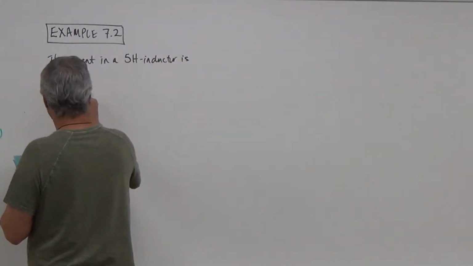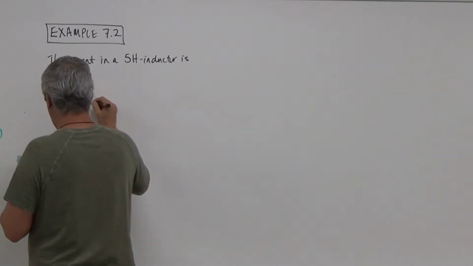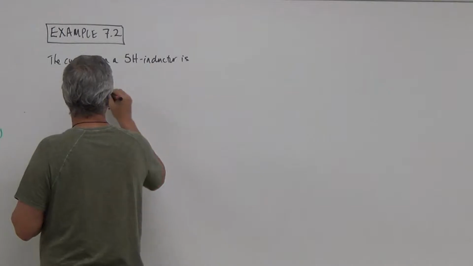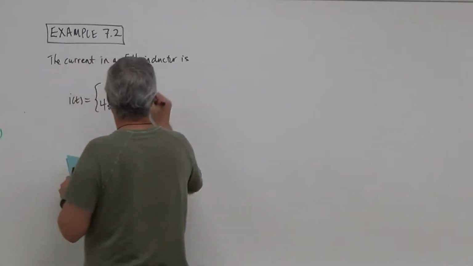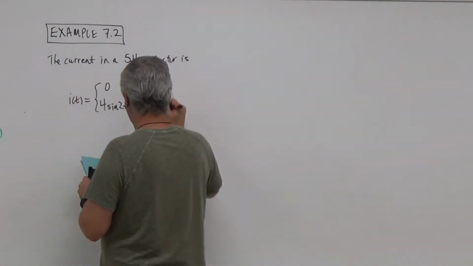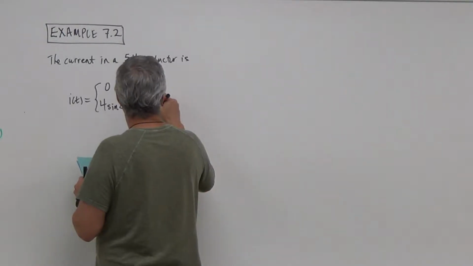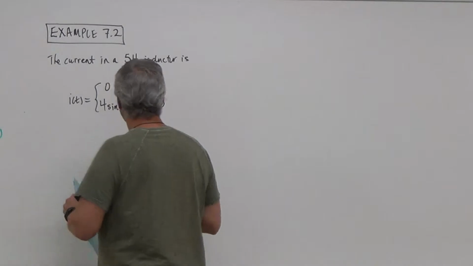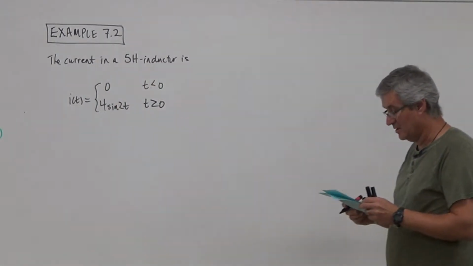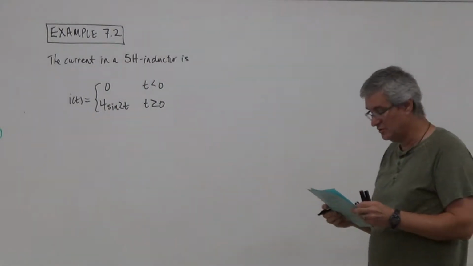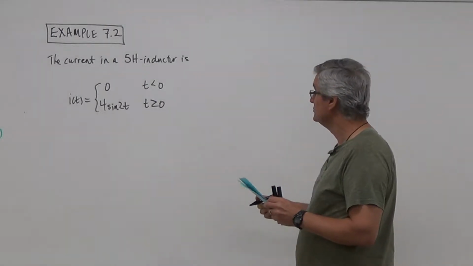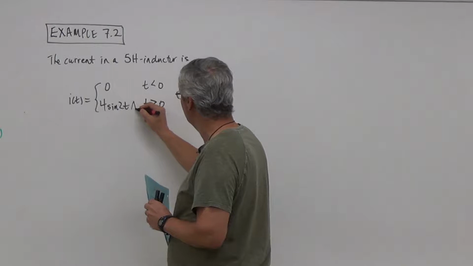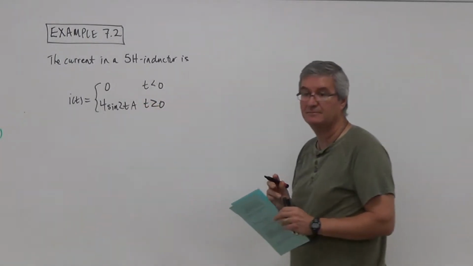So you know that i of t is either 0 or 4 sine 2t, and then it looks like that. Just to make sure that we're talking about proper units, I'm going to say that these are units of amps.